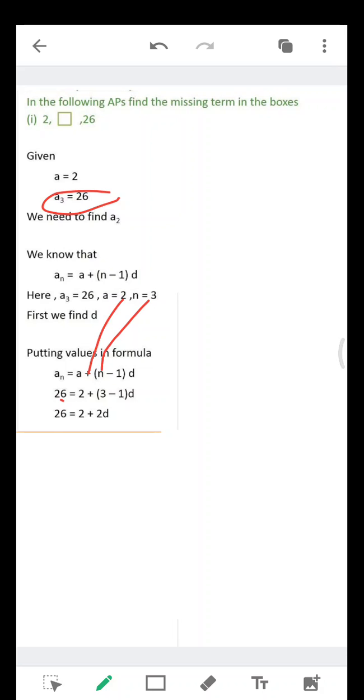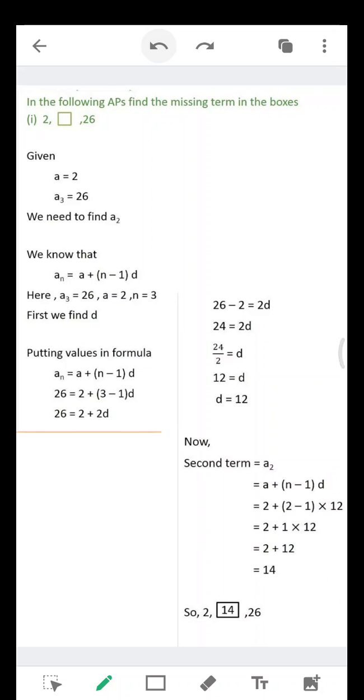So from the third term which is given to us, 26, we will get the value of d. After simplifying this, 26 is equal to 2 plus 2d. Transposing 2 to the left, it becomes 26 minus 2, that is 24. So d value we get as 12. So we have got the value of d. Now I can easily find the second term.